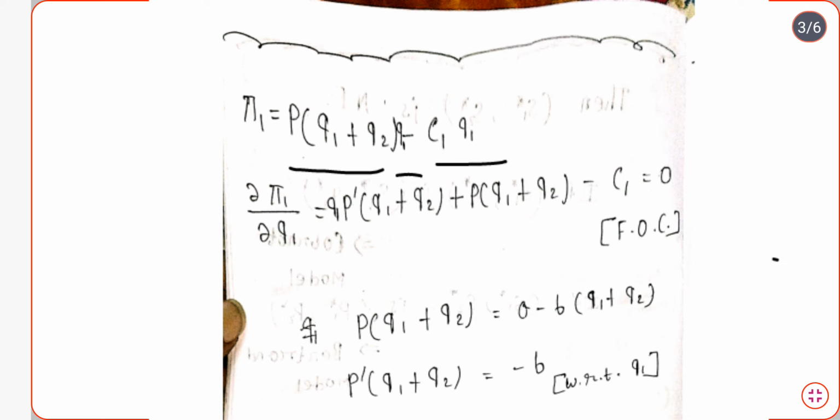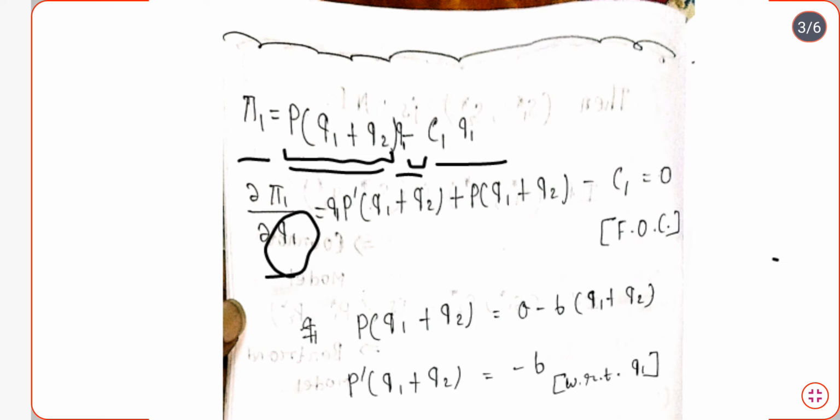Now if we want to maximize the profit, we have to differentiate pi 1, the profit of firm 1, with respect to Q1, the amount of production by firm 1. Obviously this differentiation will use the formula for U into V. P(Q1 + Q2) is the U part and Q1 is the V part.